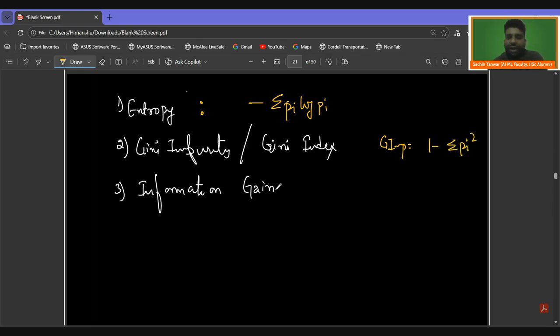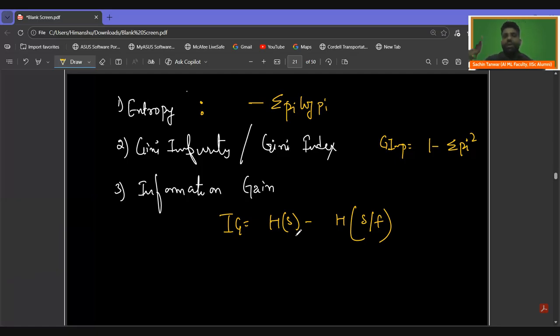Information gain is nothing but it is written as entropy of the parent node minus entropy on split. I'll talk about each one of these and then we'll understand how they help in selecting which feature has to be selected. And then we'll go to the idea of what we do with our continuous feature as well.